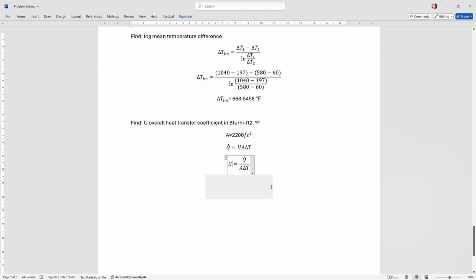Na-derive natin. So, tapos i-substitute 12,558 BTU per second. Since kailangan natin is dapat naka-hour, kaya ico-convert natin yung seconds into hour times 3,600 all over 2,200 square feet times 668.5458 degrees Fahrenheit. So the final answer is 30.7375 BTU per hour square feet degree Fahrenheit.